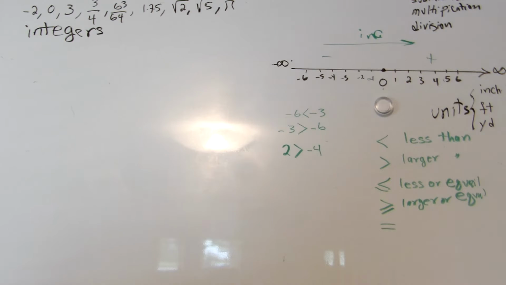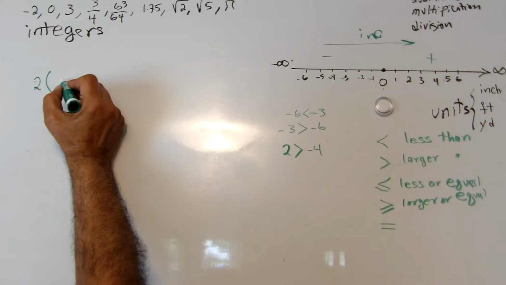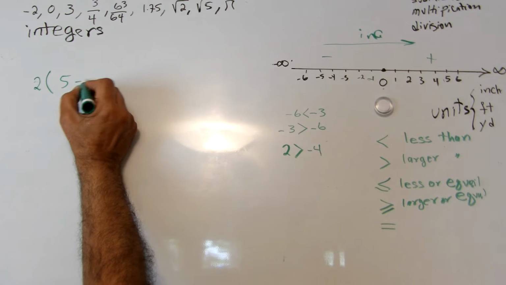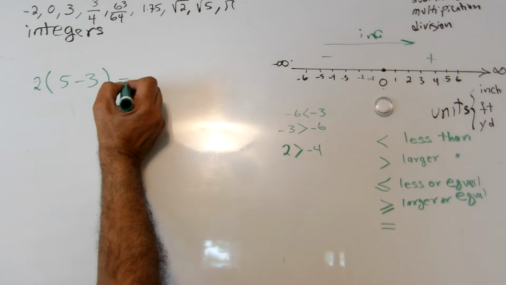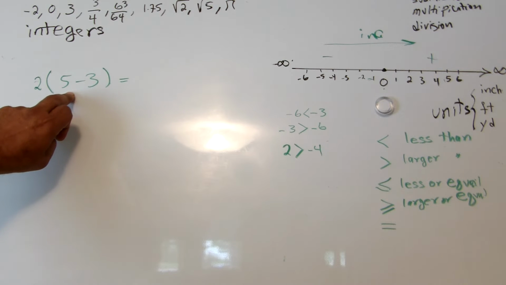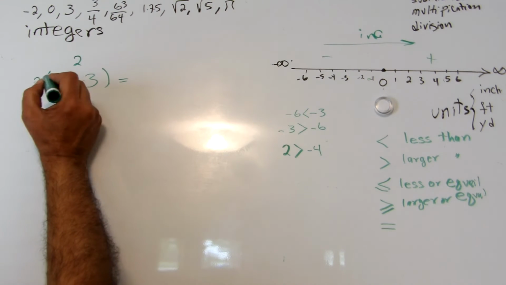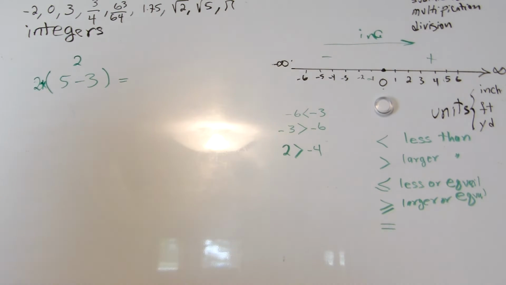Now we get to the multiplication of these integers. Like you have 2 times (5 minus 3) is equal to what? First you get the result of the parentheses, which is 5 minus 3 is 2, and then this is actually multiplication.